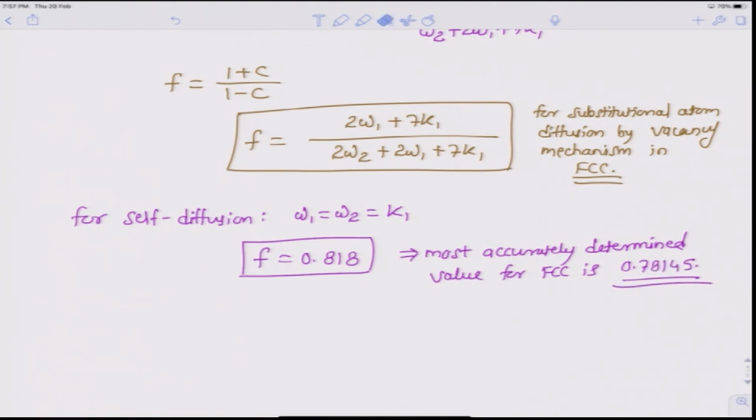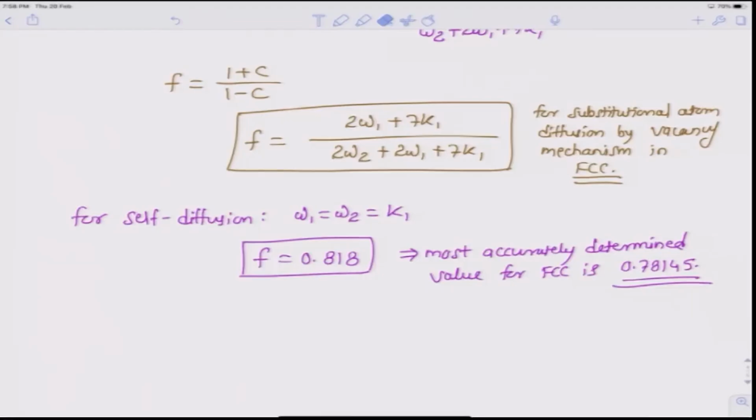Now, there is a difference between the most accurately determined value and the value that we determined here, and this difference is because of our simplistic assumption. We assumed that any vacancy that made a K1 type of jump is permanently lost. We did not consider that vacancy in the correlation effect if it made a K1 type of jump, but in reality the vacancy can go onto the second coordination shell of the tagged atom and still come back.